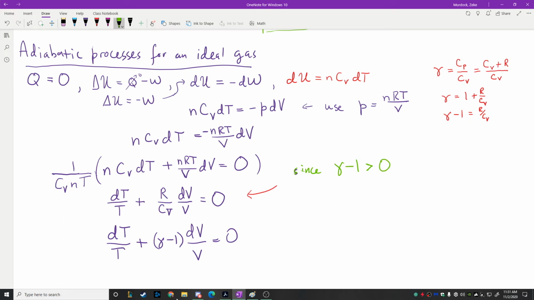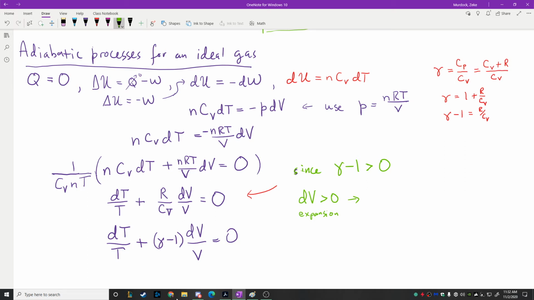It's positive, basically. Gamma minus 1 will always be a positive quantity. That means that the change in temperature and the change in volume have to be opposite of each other for this to be equal to 0. So if the change in volume, for example, is greater than 0, that is to say, if it expands, then what does that mean about dT?